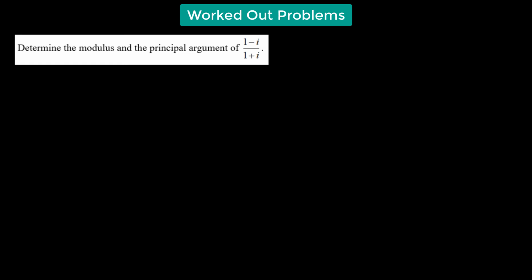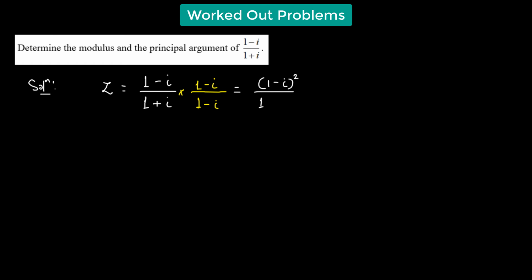In this question we have the complex number z given by (1 minus i) over (1 plus i). First let us try to convert it into the standard form. For that we have to multiply the numerator and the denominator by the complex conjugate of the denominator, which is 1 minus i. That gives us (1 minus i) whole square in the numerator divided by 1 squared minus i squared in the denominator.